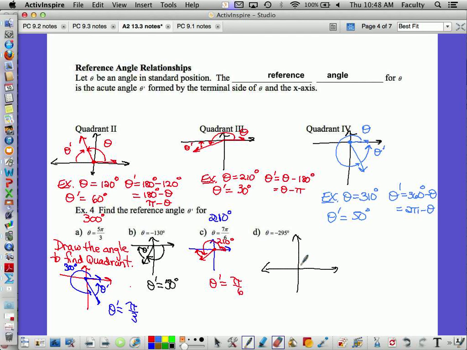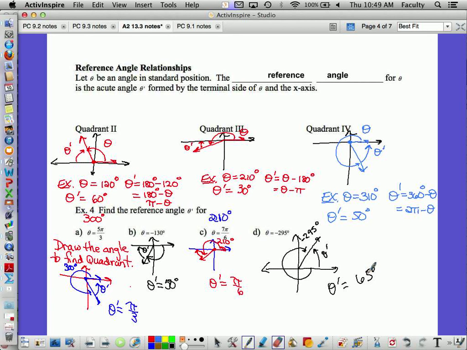Do you see that? So I'm starting here and rotating negative 295 degrees. My reference angle is how far away from 0 am I? Well, I rotated 25 degrees in. That's 65 more degrees. Okay?